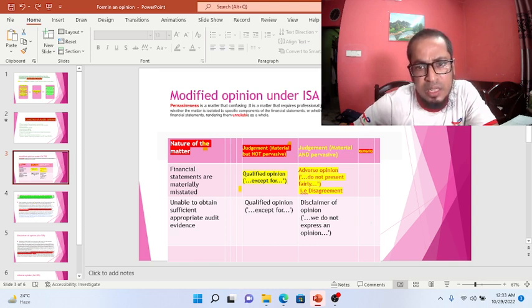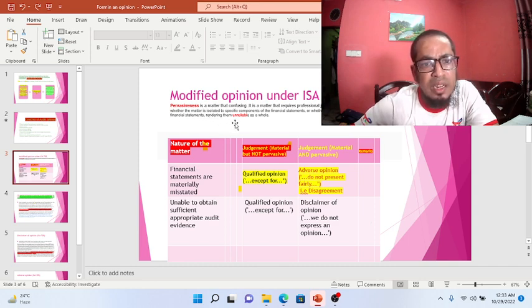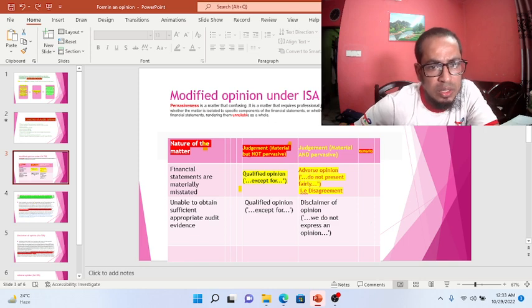In this case, the judgment is whether the matter is isolated to specific components of the financial statements, or whether the matter pervades many elements of the financial statements, rendering them unreliable as a whole. So this modification depends on pervasiveness and materiality.